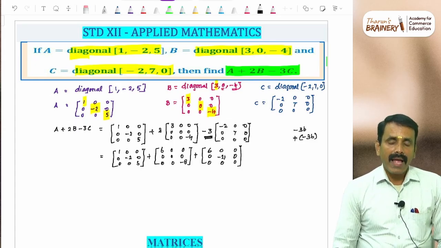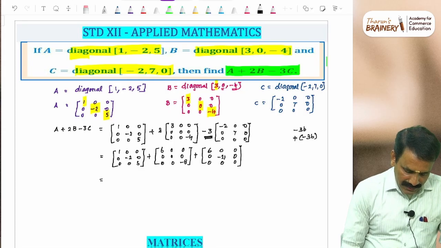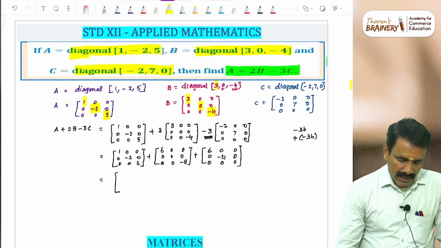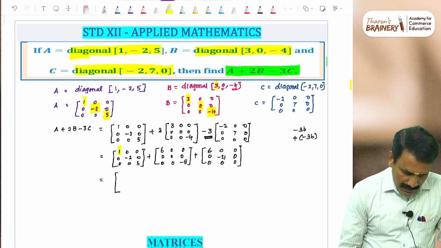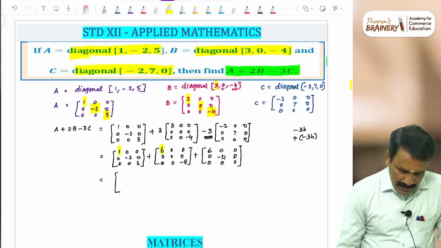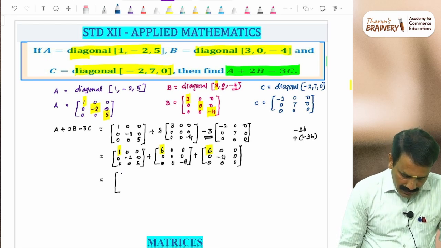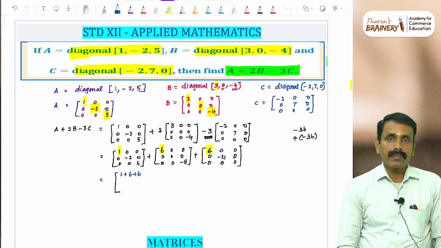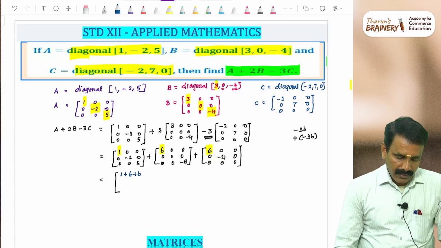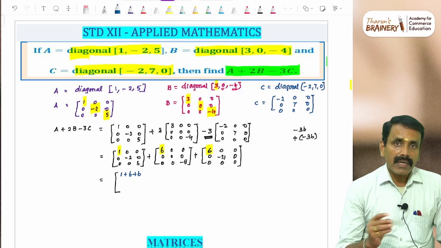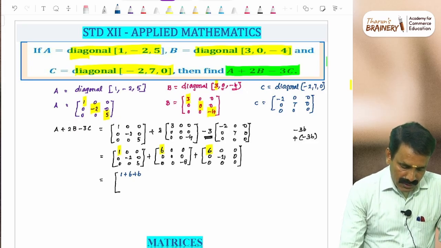We can add the corresponding elements. Here, the first row, first column element in the first matrix, the first row, first column element in the second matrix, and in the third matrix. What answer will we get in that case? 1 plus 6 plus 6. Next, we add the first row, second column elements.